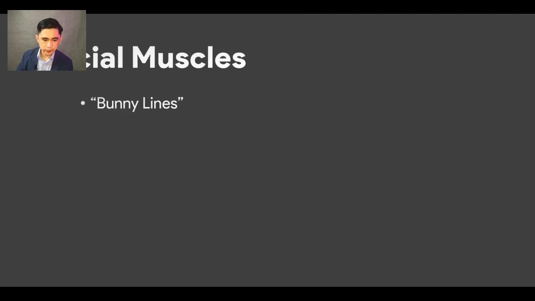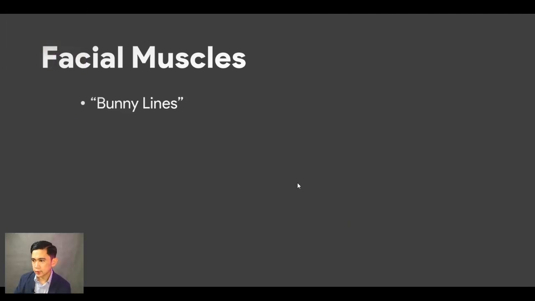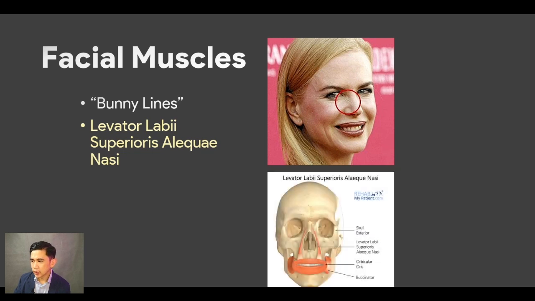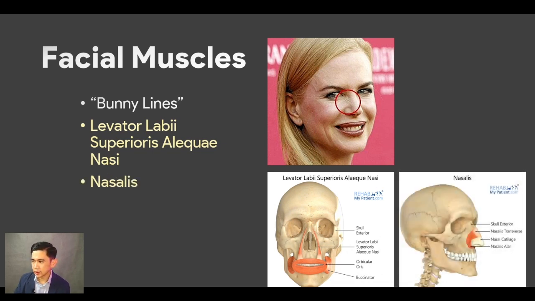Let's talk about bunny lines. Okay, bunny lines are wrinkles found in the nose, and they are produced by the actions of the levator labii superioris alaeque nasi, or LLSAN, and also the nasalis muscle.